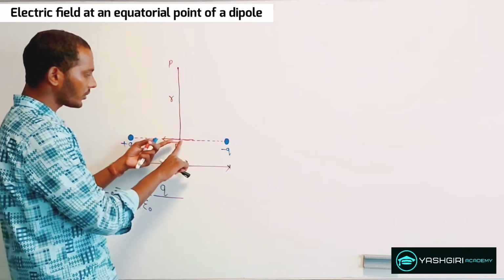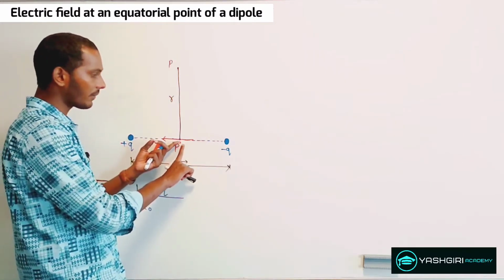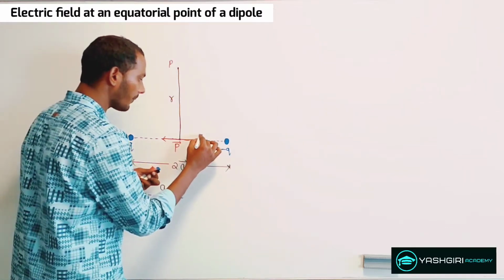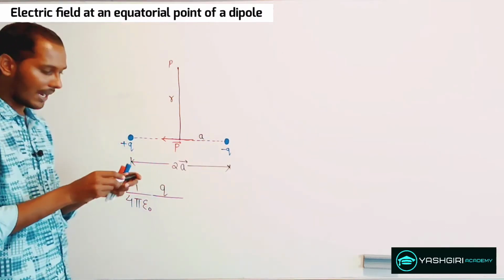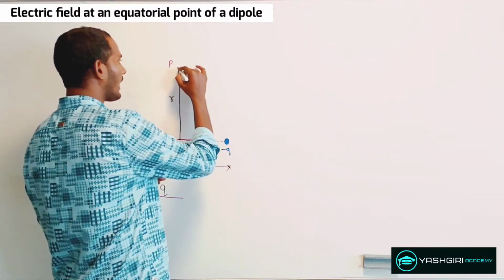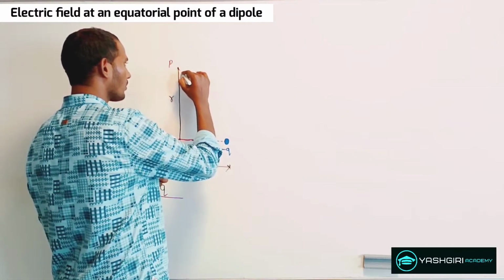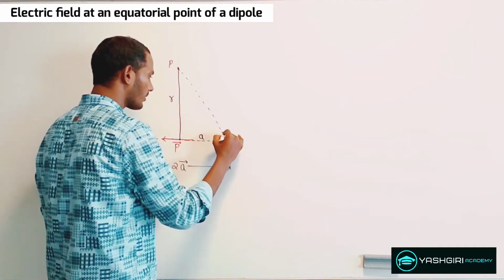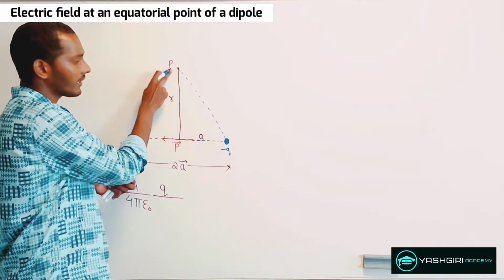From exactly the center of this dipole to this negative charge, I have a distance of, say, a. And here I am interested in measuring the electric field at this distance, the strength of the electric field.